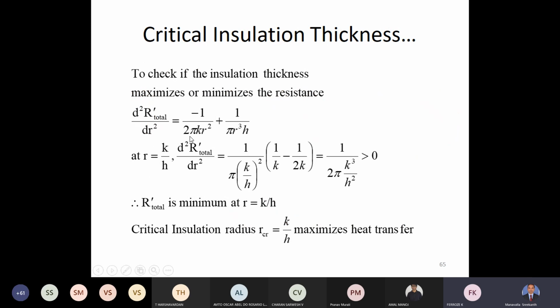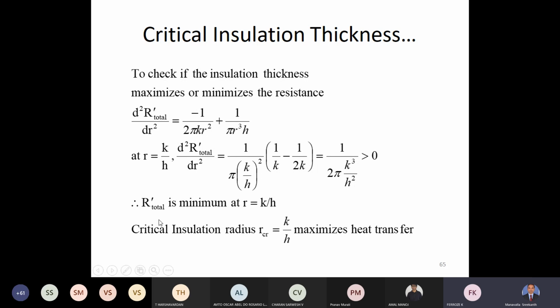At r equal to k by h, we get a positive quantity. From calculus we know that when this is a positive quantity, we get the minimum value. So R total is the minimum at r equal to k by h.